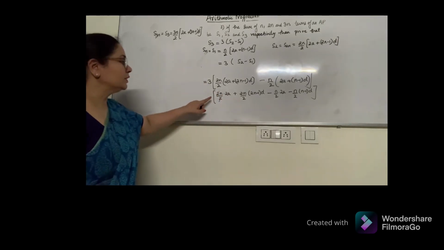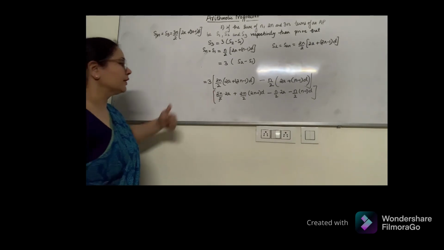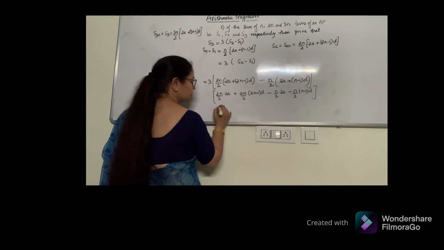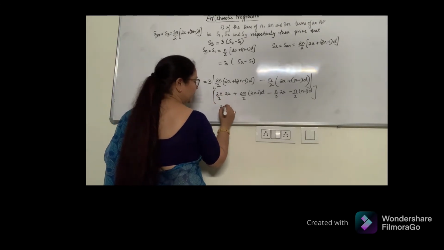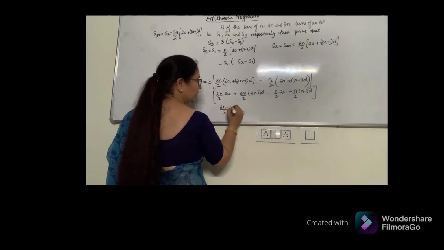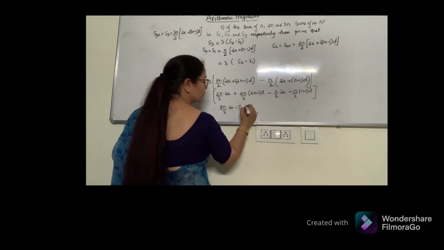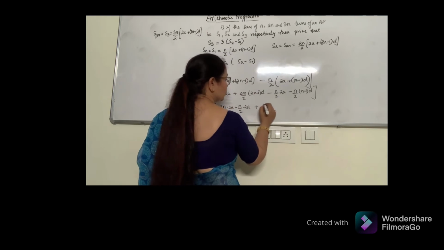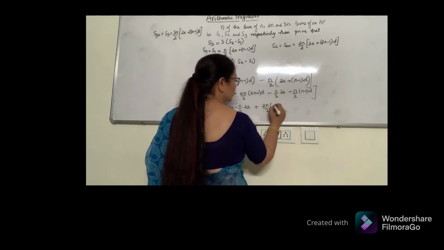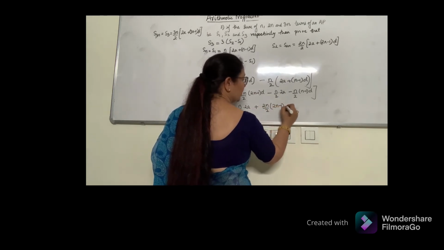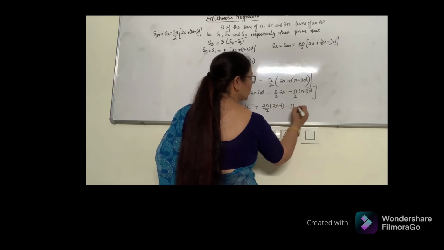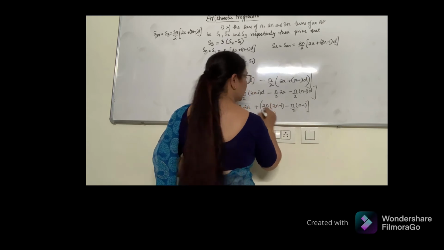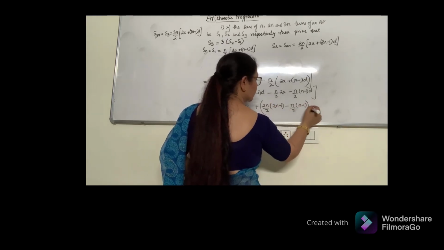If I don't cancel, I can write 2n by 2 2a minus n by 2 dot 2a plus 2n by 2 2n minus 1 minus n by 2 n minus 1, and put all of this in brackets again, with d common.